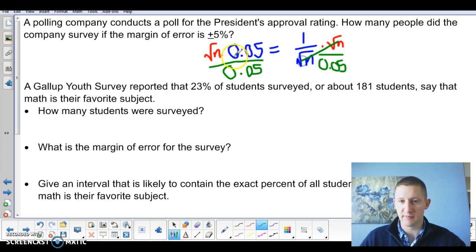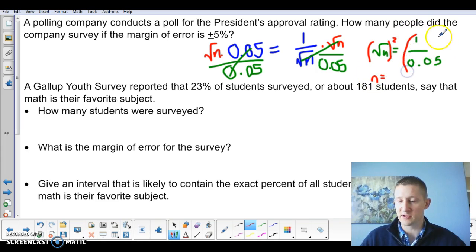And what we'll have is something that looks like this. The square root of n is equal to 1 over 0.05. Now as we solve, I need to solve a radical equation. Well, to get rid of that square root, we square this side, which will leave me with n. And then I square the other side as well.